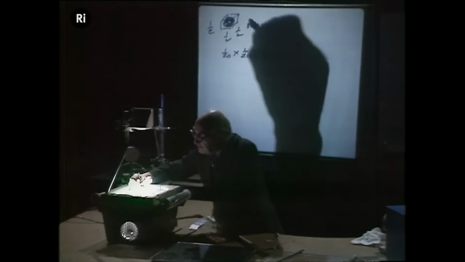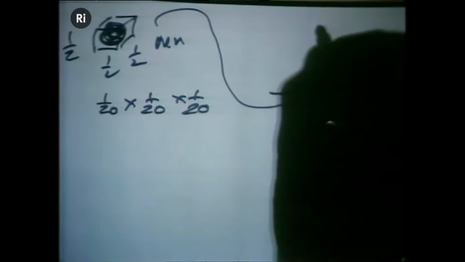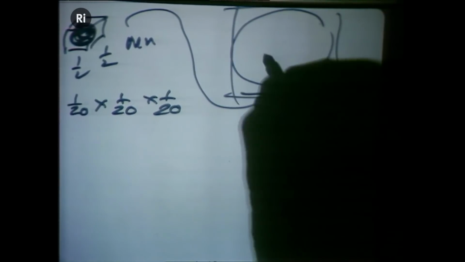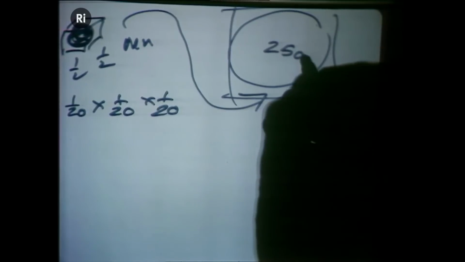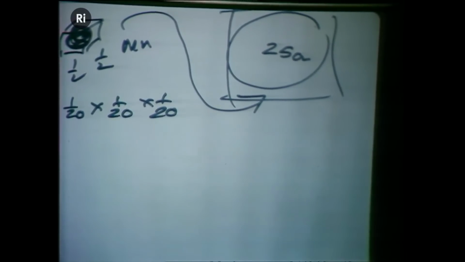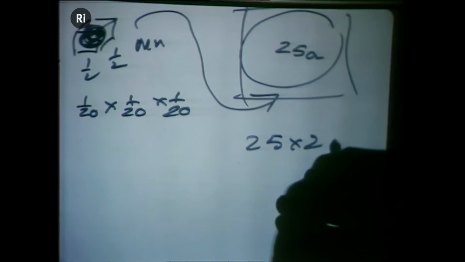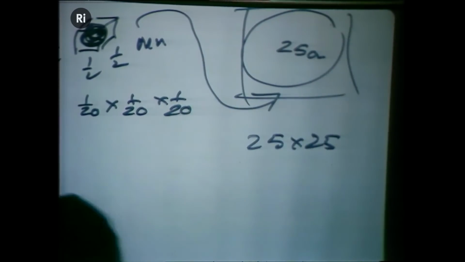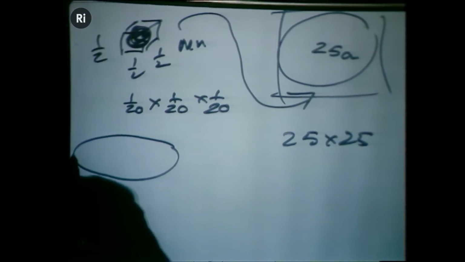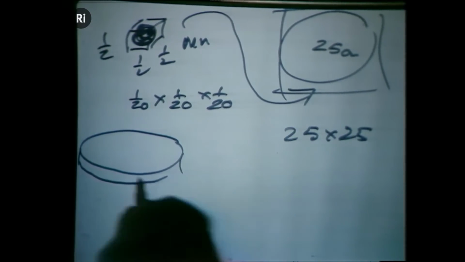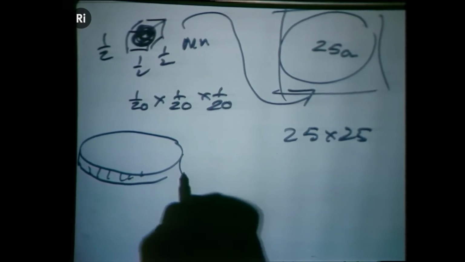And that spreads into a beautiful circle which we will box into a square 25 centimeters across, and therefore we say we have here 25 times 25, and what else? Here's the whole circle, and its height is the height of one molecule, which we'll call h.